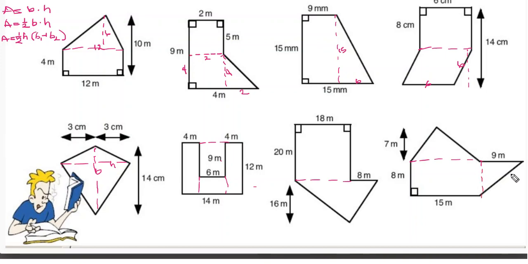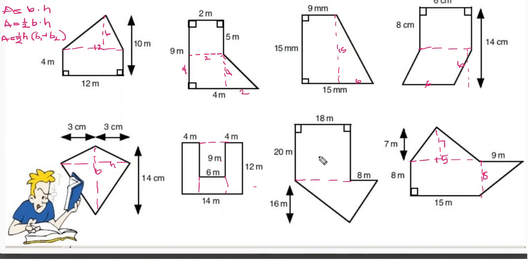So I've got two triangles to solve, a rectangle, add them together, and there's my area. Okay, so on this one, you'd have a height of 7, a base of 15, right? On this one, you'd have a base of 9 and a height of 8. And then your rectangle here, a 15 by 8.